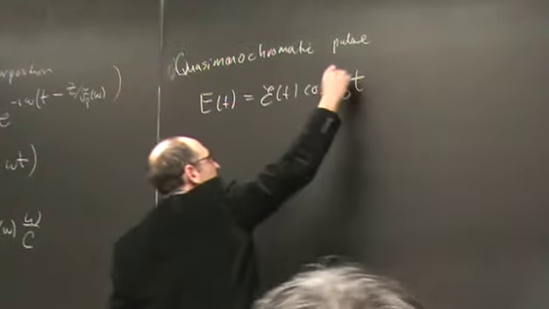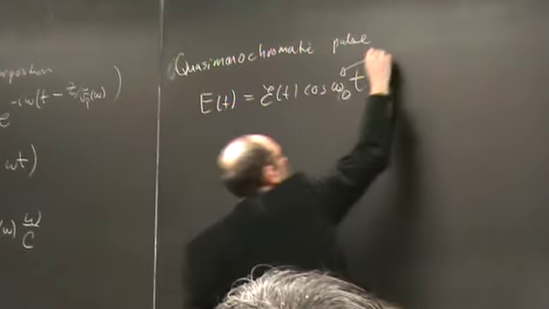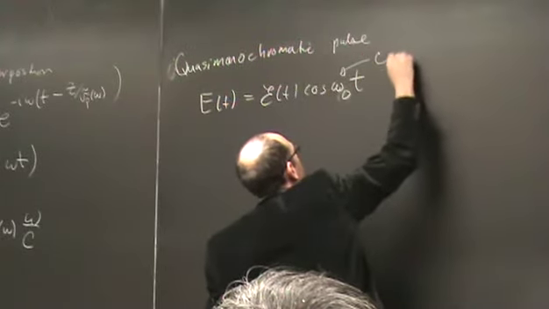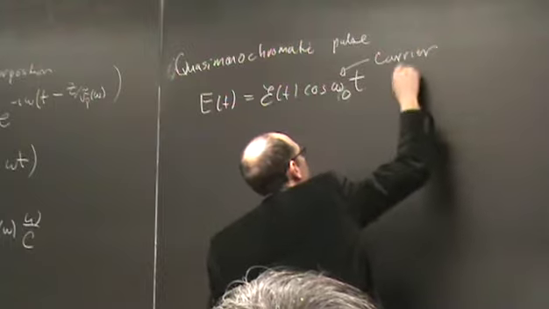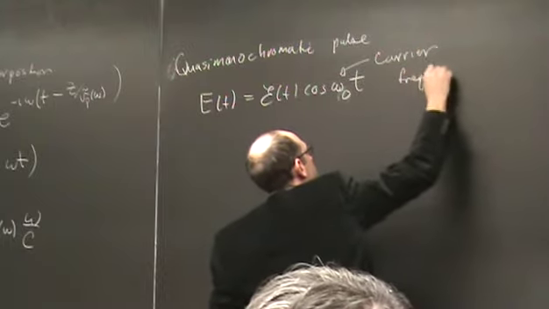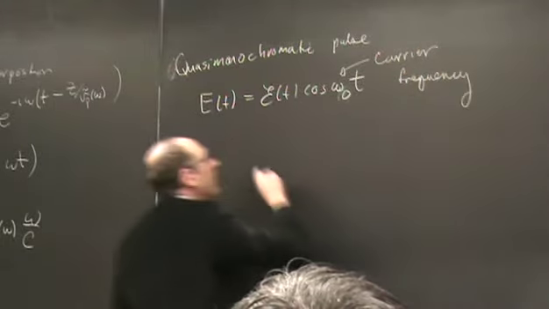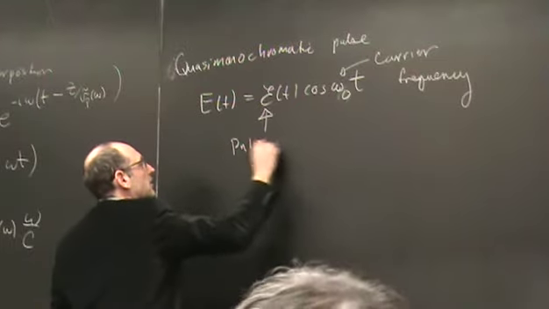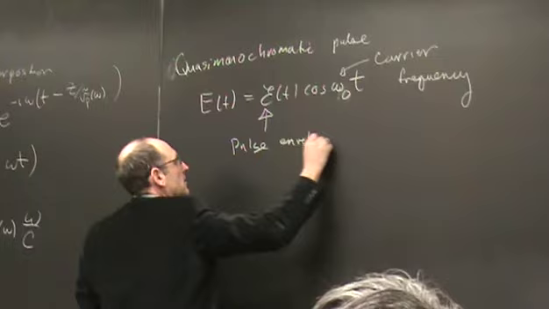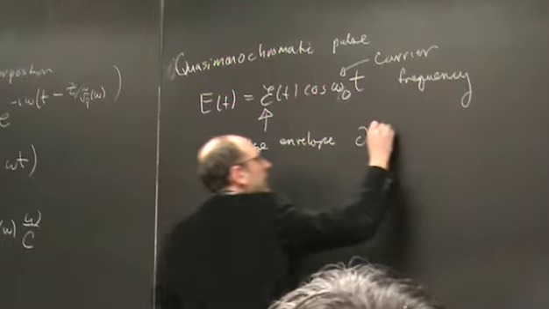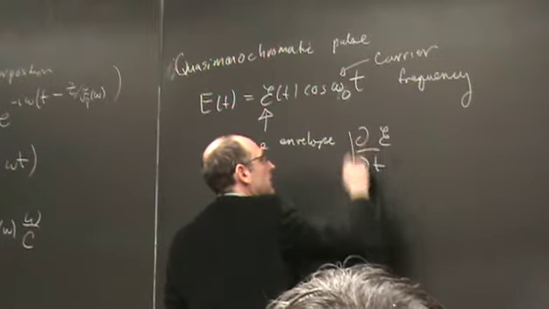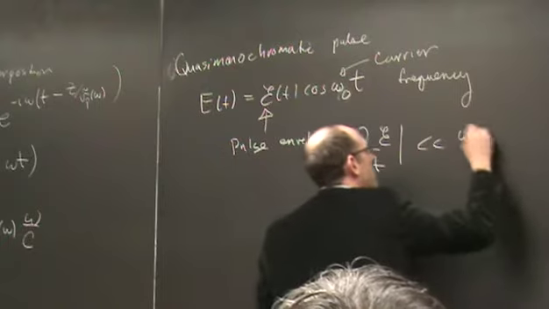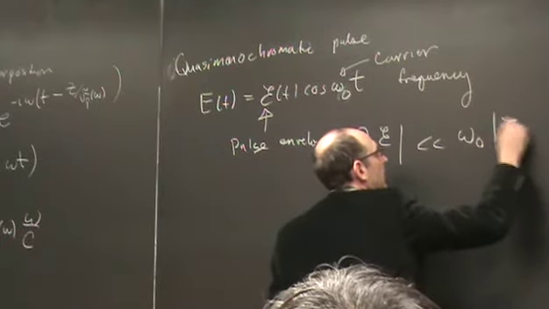So this is not the resonant frequency of the material. Omega naught is what we call the carrier frequency. Okay, and this is the pulse envelope, which is slowly varying with respect to the period of oscillation.